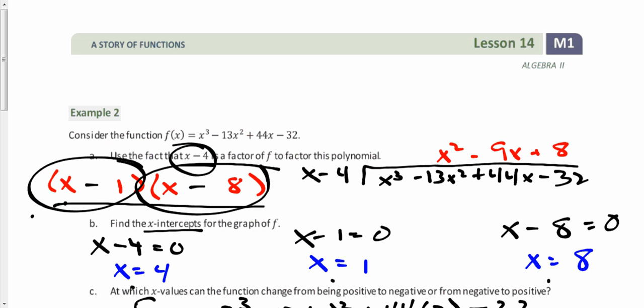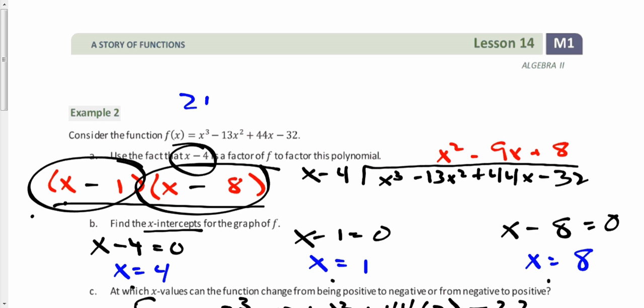So let's pick a number between 4 and 8. Should I go with 6? Let's go 6. So, when x equals 6, 6 cubed. Somebody do 6 cubed on a calculator for me, please. 36 times 6 is 216.